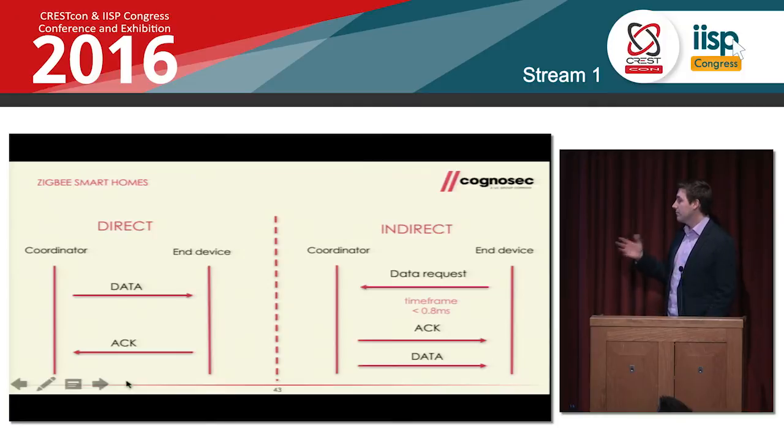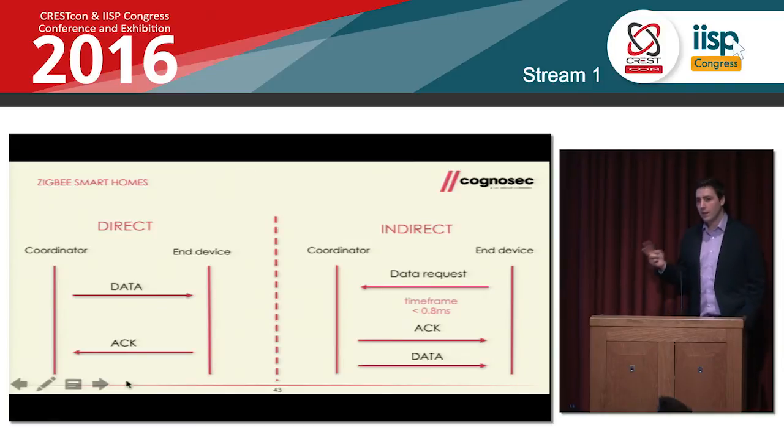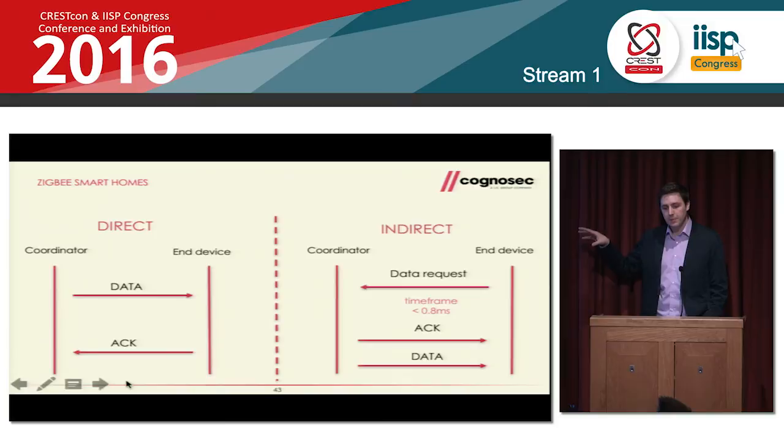Why do we have two testing devices? It's just that ZigBee has 2 types of data communication, and ZigBee is not the only one doing this approach. And I struggled a long time detecting why our testing didn't work, because you have two types of communication. First is direct communication.